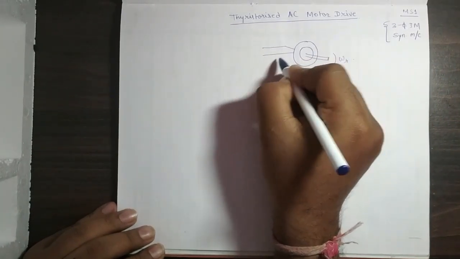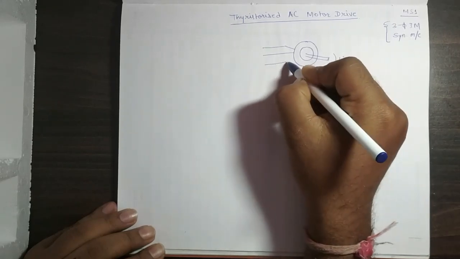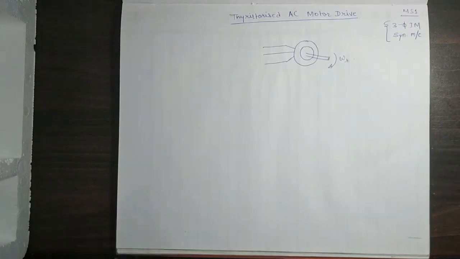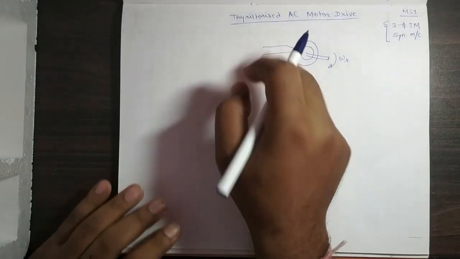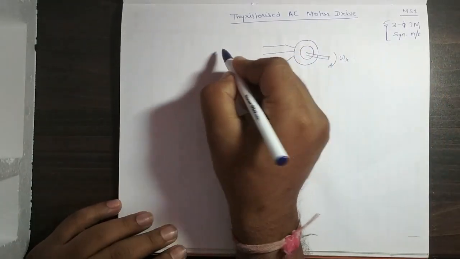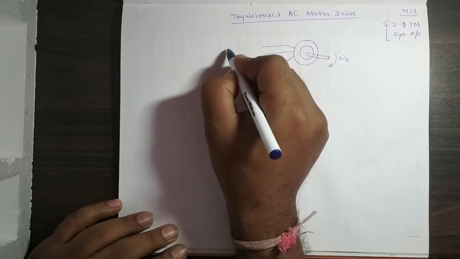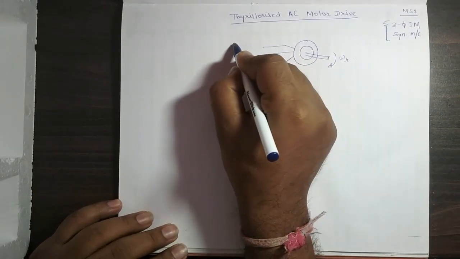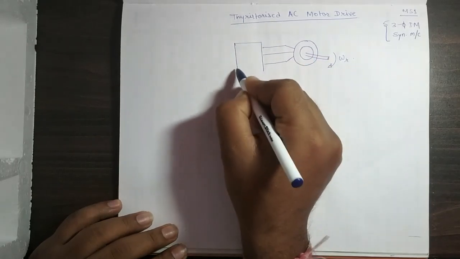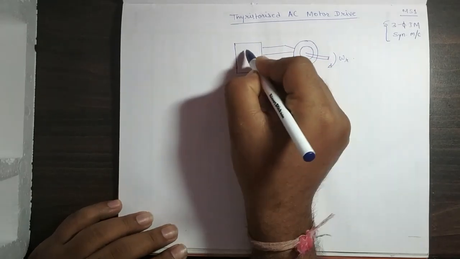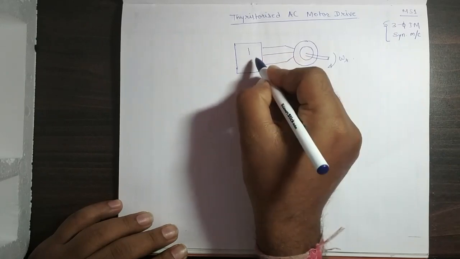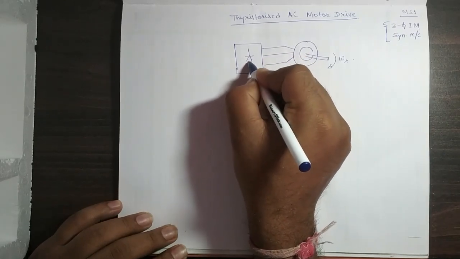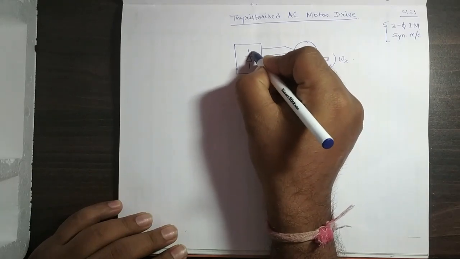There is a three-phase connection to the induction machine. Now this three-phase connection will be coming through an inverter that is made up of thyristor.